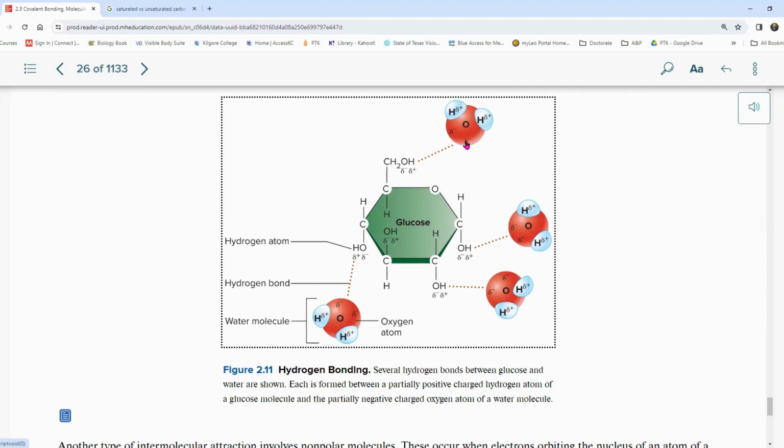These negatives are going to be attracted to positives. That's why you see this little dashed line here. You see it's negative, it's attracted to positive. And you'll see in others where you have positives over here attracted to negatives. Those are just showing us how this water is interacting with this glucose molecule.